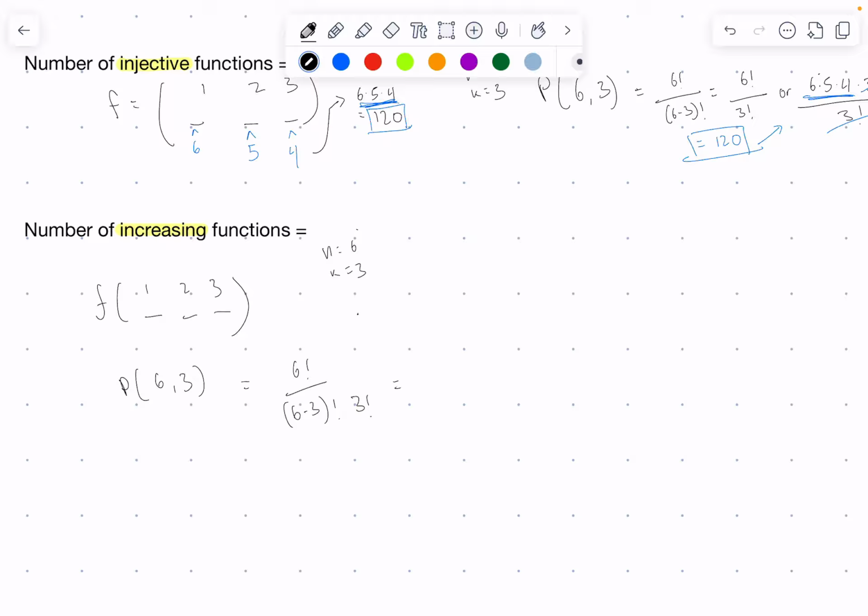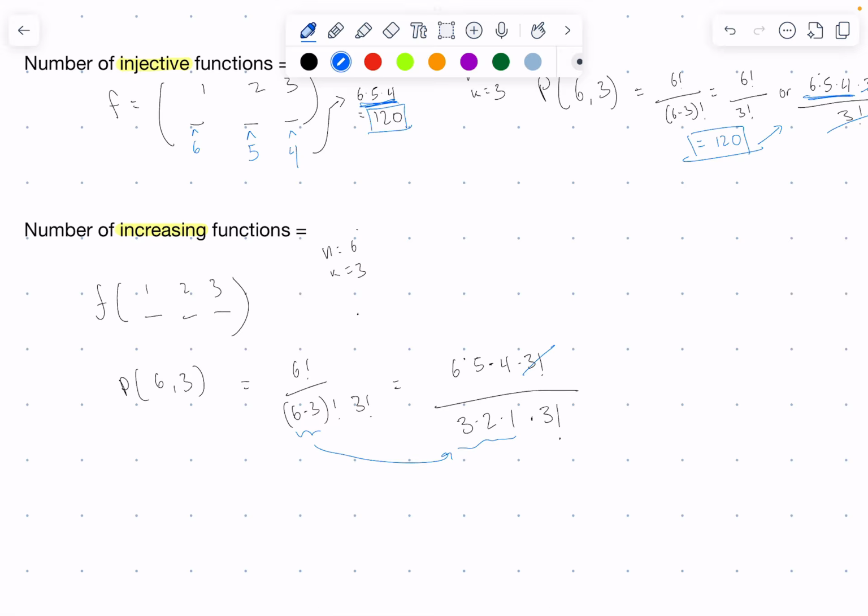Written out, we see that's 6 times 5 times 4 times 3 factorial over 3 times 2 times 1 times 3 factorial. This 3 times 2 times 1 comes directly from the 6 minus 3 factorial.